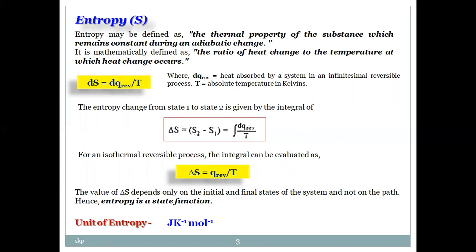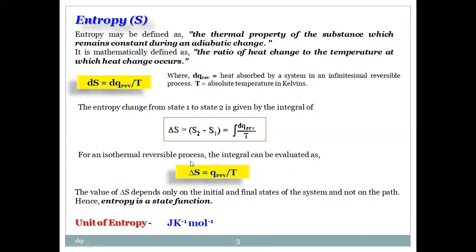We can measure the entropy at state 1 and state 2, the initial state and final state only. During the process we cannot measure the entropy or any thermodynamic properties. So entropy change can be determined by integration: delta S is equal to S2 minus S1, which is equal to the integral of dq reversible by T.